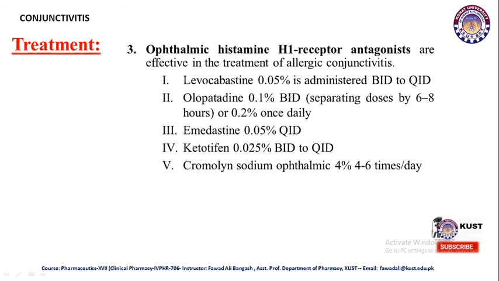Olopatadine 0.1% BID, separating doses by 6 to 8 hours, or 0.2% once daily. Emedastine 0.05% QID. Ketotifen 0.025% BID to QID. Cromolyn sodium ophthalmic, this is a mast cell stabilizer, 4%, 4 to 6 times a day.